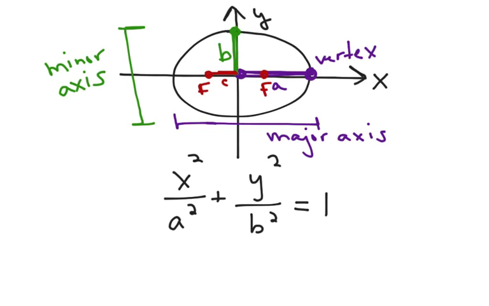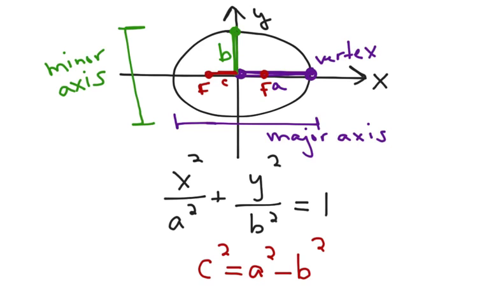We have a little equation for finding the length of the foci. It's c squared is equal to a squared minus b squared. This is not the Pythagorean theorem. I know it looks an awful lot like it, but it's not.